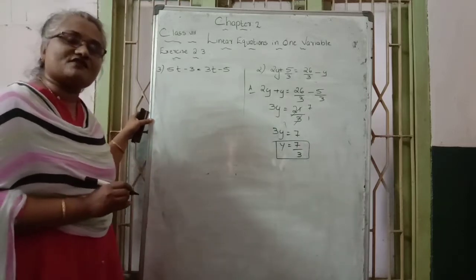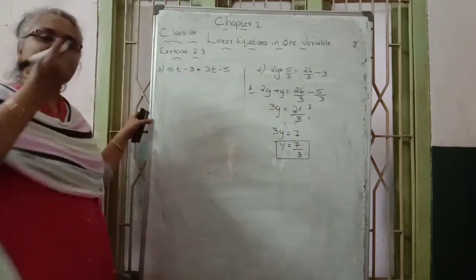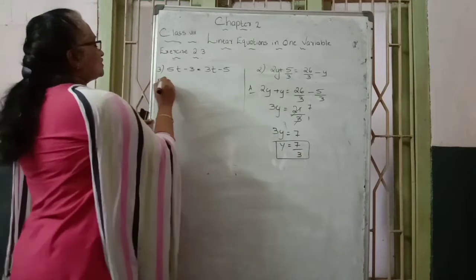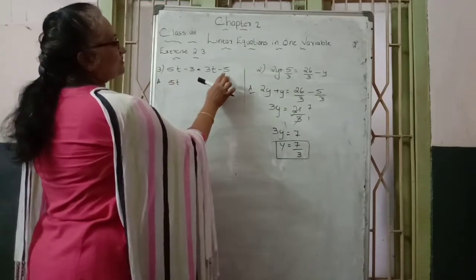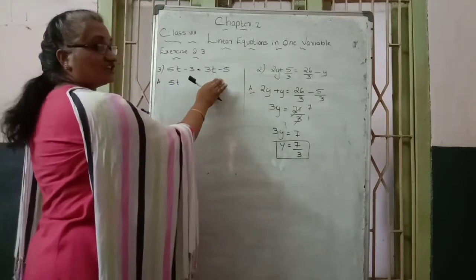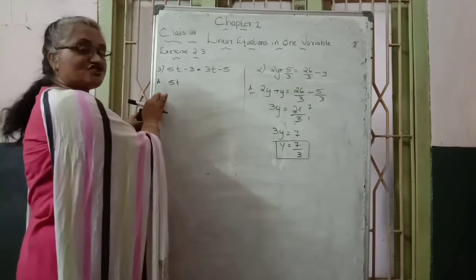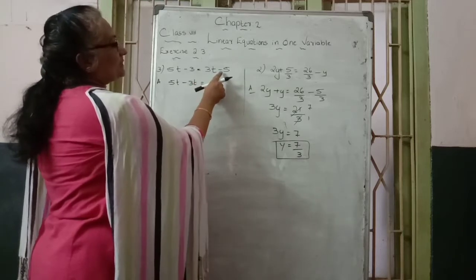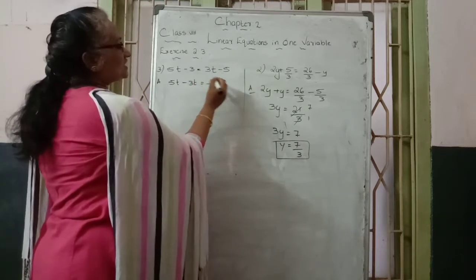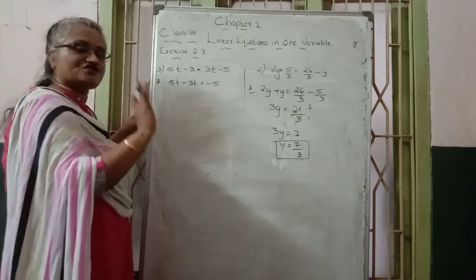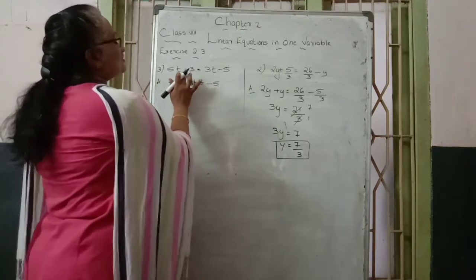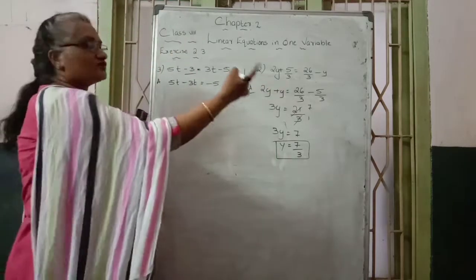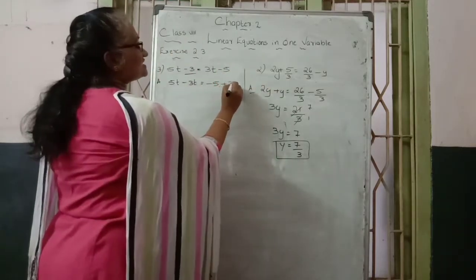Here also we bring the like terms, the t terms, to one side and send the constant terms to the opposite side. So 5t is there, and the t term on the right side, plus 3t, is brought to the left side and changed to minus 3t. The right side constant, minus 5, has no change, keep it there. On the left side the constant term is minus 3; that minus 3 goes to the right side and the symbol changes to plus 3.